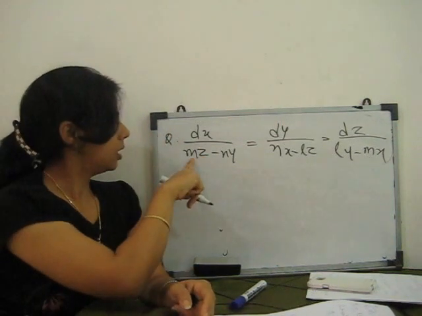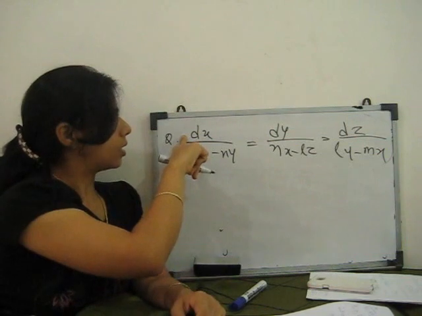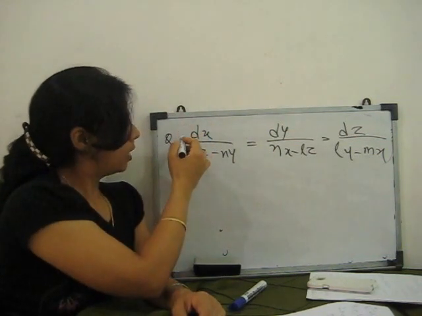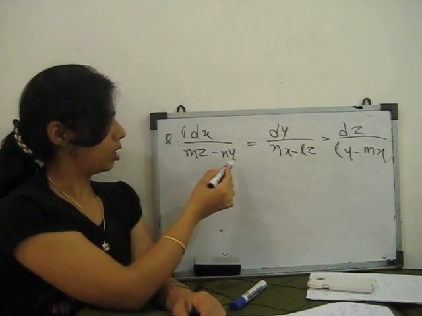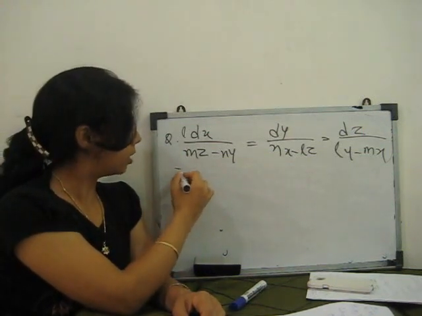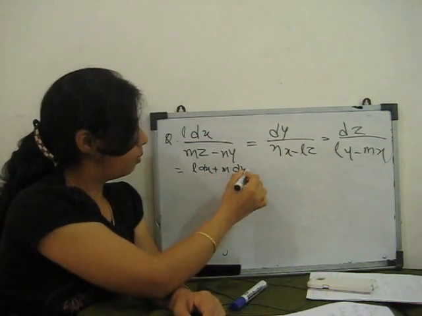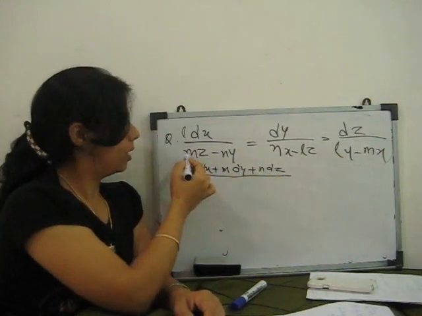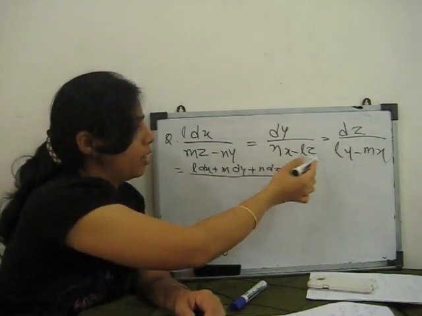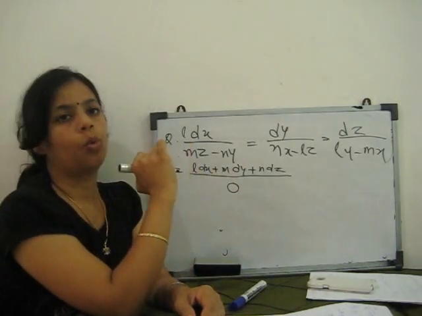Now in this case, see here m multiplies, here n multiplies. So what we can do is multiply l here, m here, n here, and we find the term l dx plus m dy plus n dz. When you multiply l, m, n and add, you will get 0.